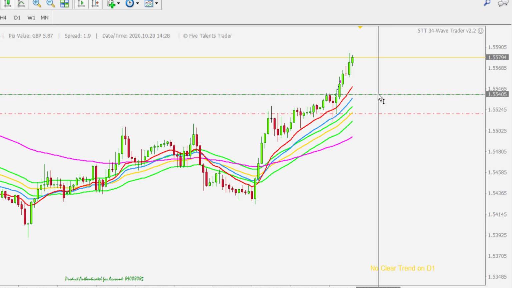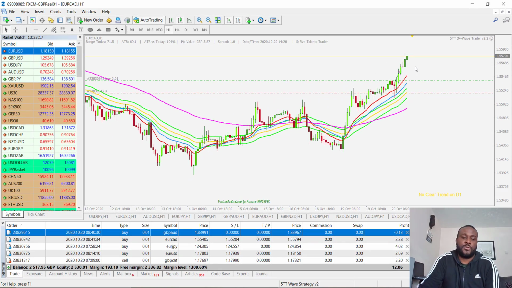Right now the exposure is about 20 pips against about 38 pips, so not too bad really. Just keep going, just trickles. The rule of the game here is just take trickles every time in this particular system.